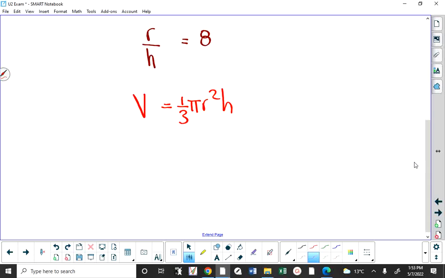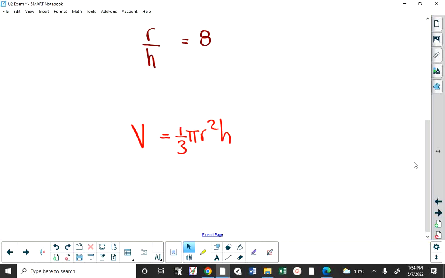But the fact of the matter is, we don't know dr/dt, and as a result of that, we don't want r in there. But if you take a look at the equation at the top of your screen right now, r over h is 8, and that means if you cross multiply, or multiply both sides by h, however you want to look at it, the radius is 8 times the height.